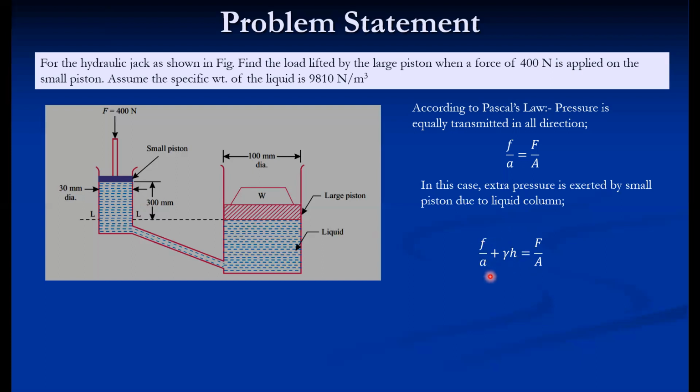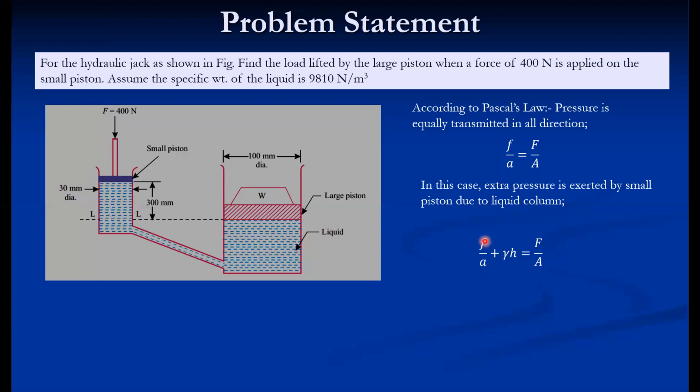So gamma H is the pressure exerted by this liquid column, and this pressure is equally transmitted to the other side, where it is capital F upon capital A. So the pressure acting here equals the applied pressure plus the pressure due to the weight of the liquid column.